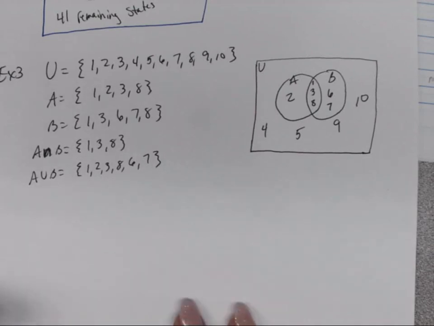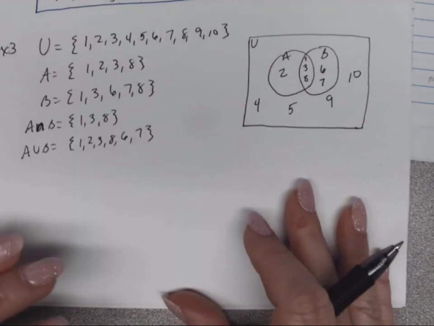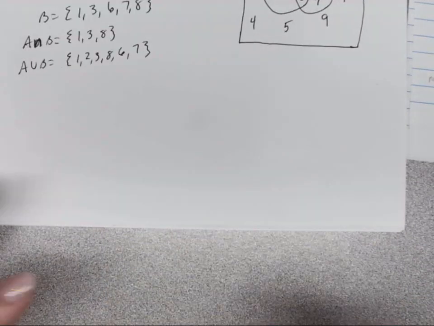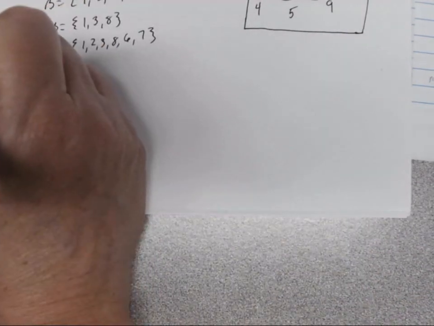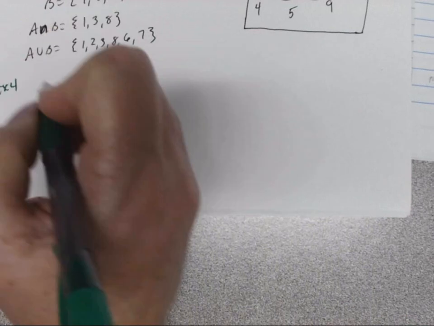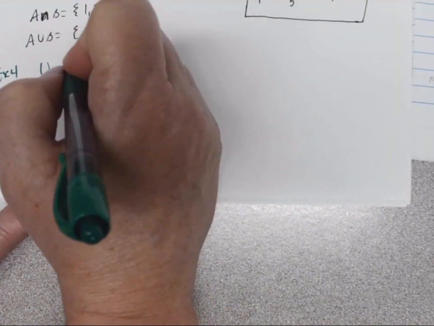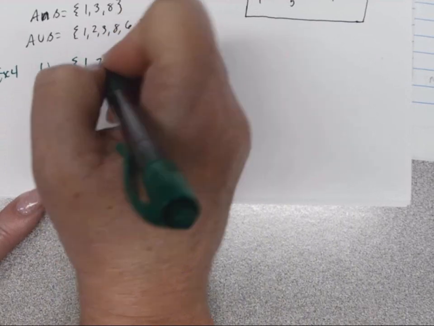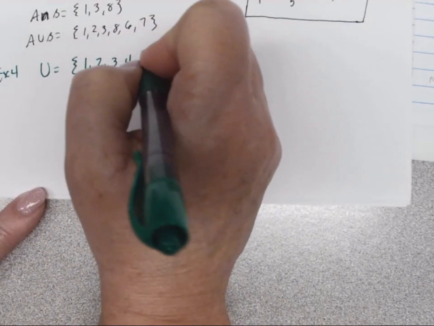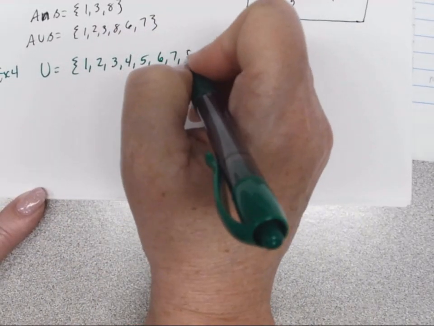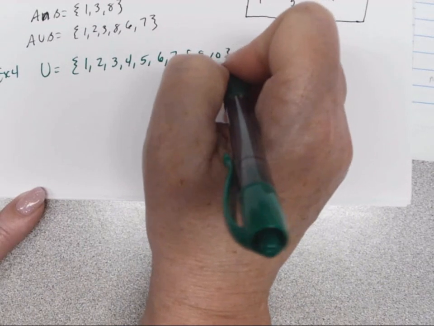All right, let's look at another one. So example 4. So we have the universal set. We're going to use the same universal set again: 1, 2, 3, 4, 5, 6, 7, 8, 9, and 10.